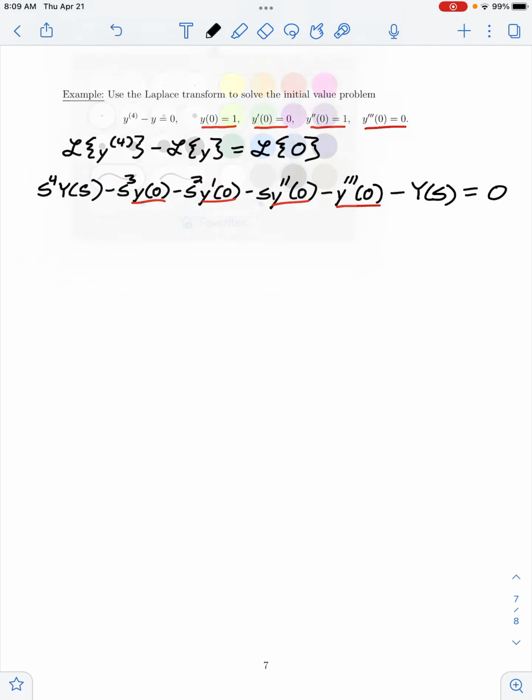And we have on the left-hand side s^4 Y(s) minus s^3 times 1, minus s^2 times 0, minus s times 1, minus 0, minus my Laplace transform of y, and this has to be 0.